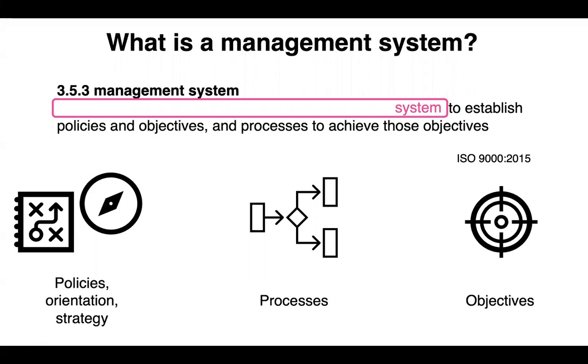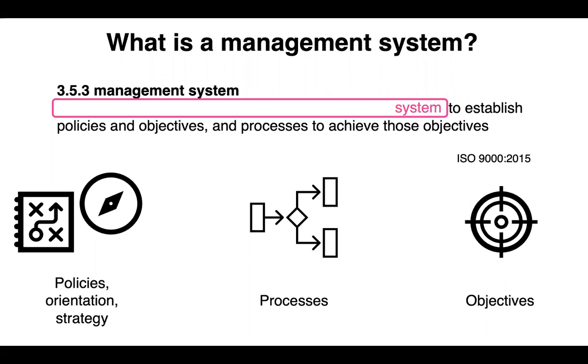Now, I was looking at the definition of a management system and saw something I had never seen before. A management system is a system that establishes a policy, that is, a strategic orientation, a set of priorities, translates that policy into a set of objectives aligned with the policy, and the objectives are concrete challenges to be achieved, and then starts working systematically through processes to achieve these objectives.